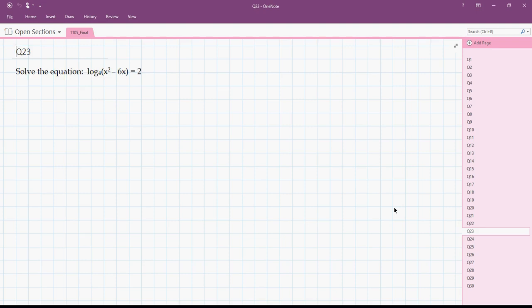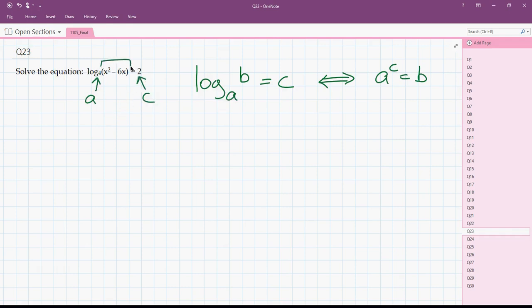So in this one, I'm going to start off by applying our other rule, that log base A of B equals C is the same thing as A to the C equals B. So I'm going to take this is A, this is C, and what we have here is B. So what I'm saying is that 4 to the 2 has to equal x squared minus 6x.